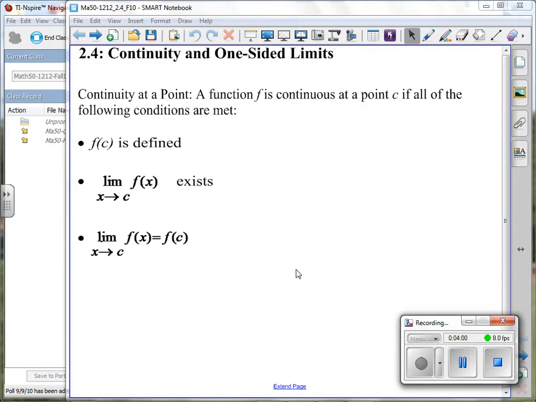So I think we're going to be able to next week. If not next week, we'll get into it the week after that. It is kind of like the kingpin, the major idea behind the rest of the semester, or at least the majority of the rest of the semester. So let's take a look at section 2.4.